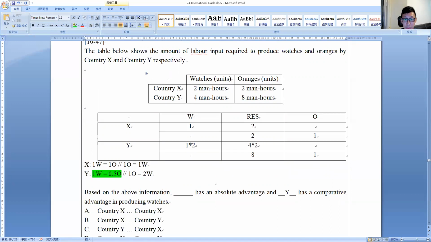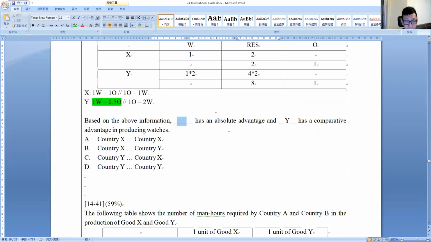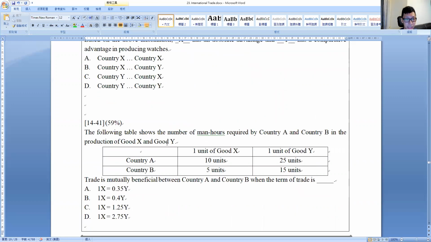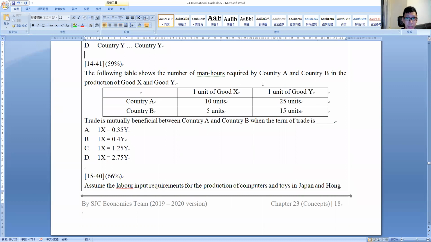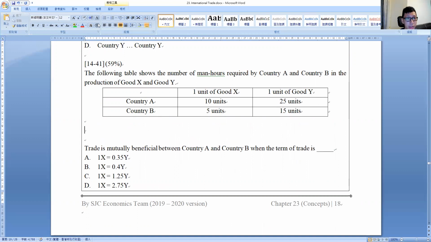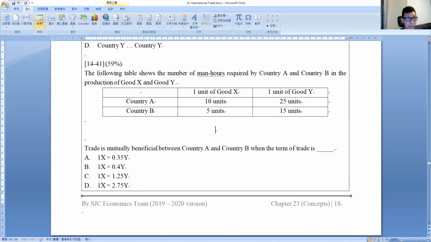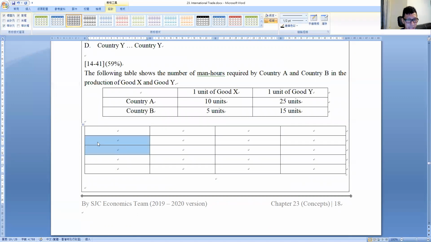So in our case, 2 versus 4, this would be absolute advantage. And also orange, 2 versus 8, also absolute advantage. So that would be country X. Not particularly difficult.